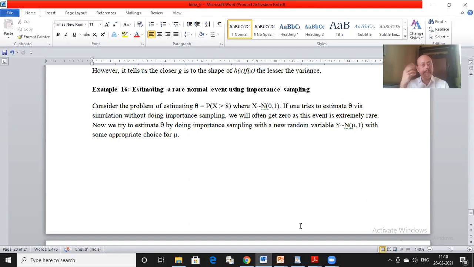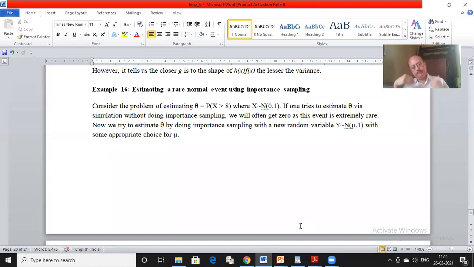So if I want to use the usual simple simulation to estimate theta, we will most often get 0 as my estimate. Because this event is so rare, even if we draw 10 lakh samples, there may not be any event like this. So my estimate will remain 0.